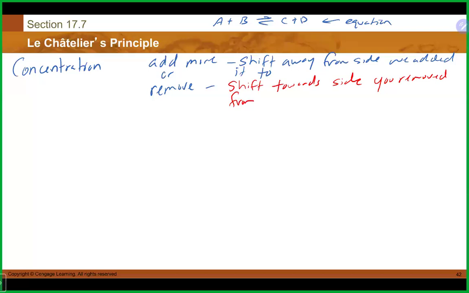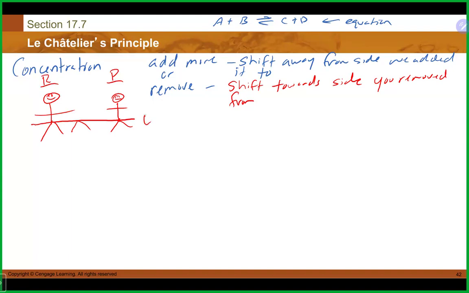So let's just take a nice little example of this. Let's say we had a reaction that was at equilibrium, and I'm going to represent that on a seesaw here with some quality drawn stick figures. They're quality stick figures, they have faces. And over here, we'll call that side the reactant side, this side the product side over here.